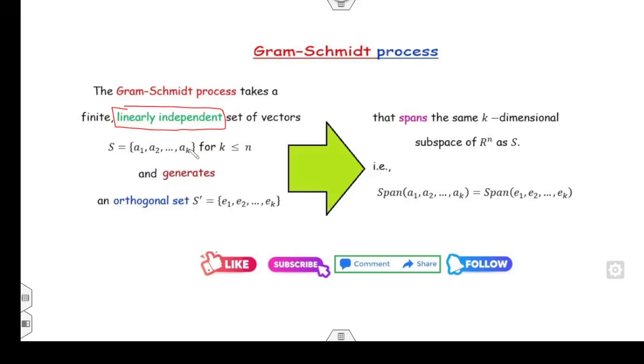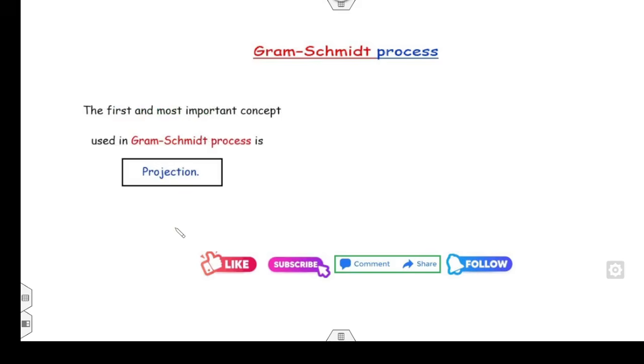The question arises: how can we construct the orthogonal set of vectors? The only concept we use in the Gram-Schmidt process is projection. What is the meaning of projection? Say the given vector is u, and another vector is v.